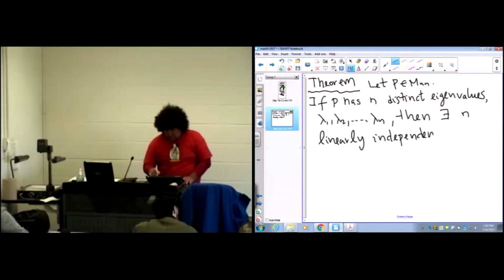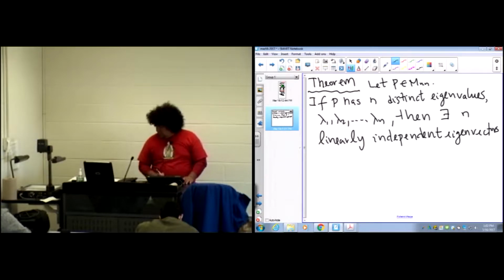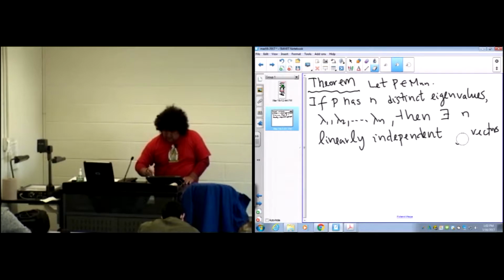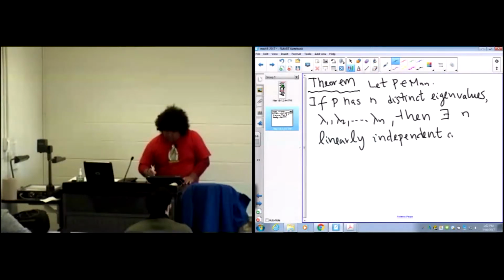So when I say that they are corresponding eigenvectors, what I mean is, in other words, when we multiply P times v sub k, this equals lambda k v sub k for all values of k.